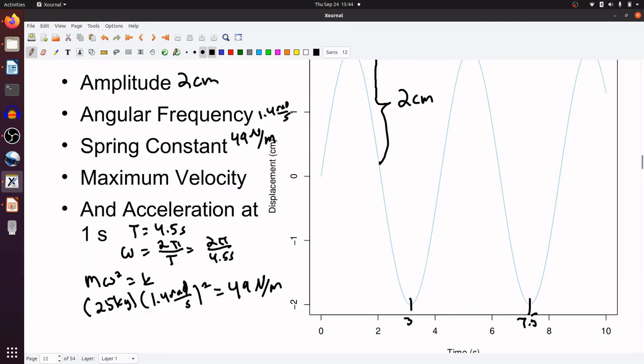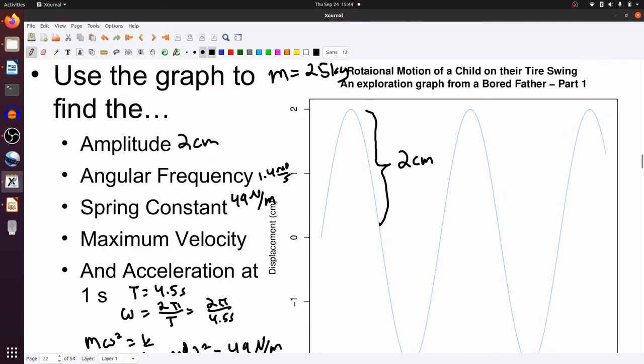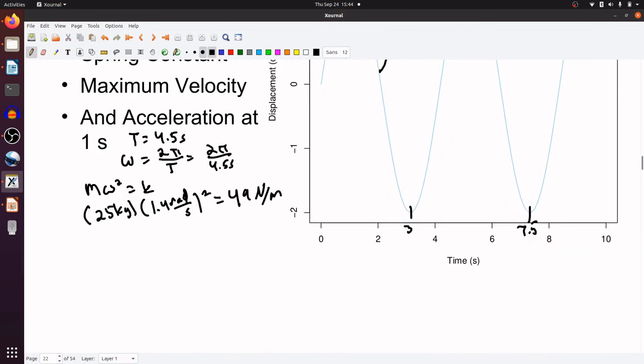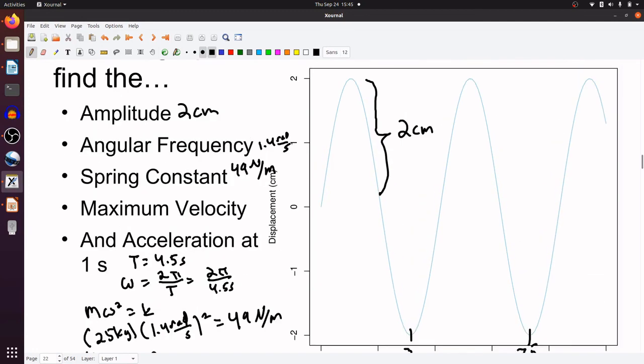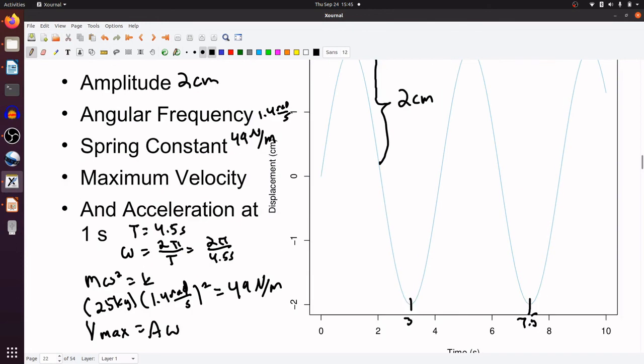Okay, next up is we need to find the maximum velocity. This one will be a little bit tougher. Oh, actually, this is not hard at all. I was wrong. Vmax is simply A omega. We have already found amplitude, and we've already found omega.